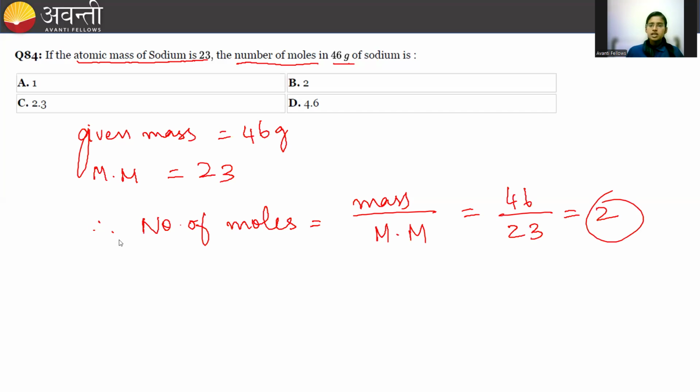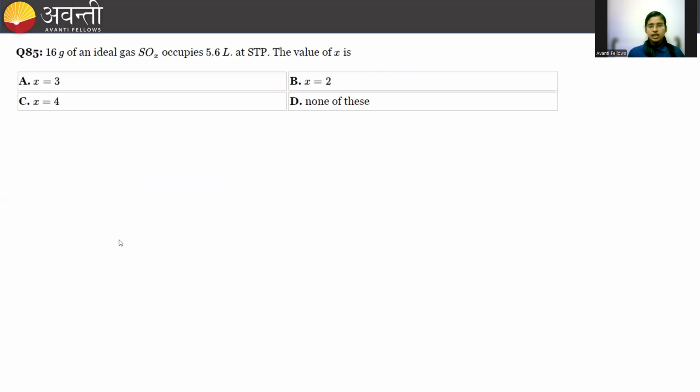Option B is the correct answer for this question. Okay. Then coming to question number 85. 16 gram of an ideal gas SOX occupies 5.6 liter at STP. The value of X is.